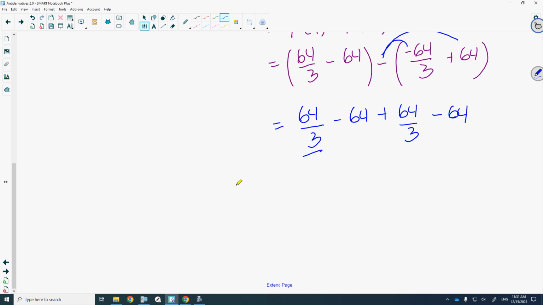Okay, so let's add our two fractions together. And we're going to get 128 over 3. Negative 64 minus 64 is negative what? 128. Now I guess we would get common denominators from here.